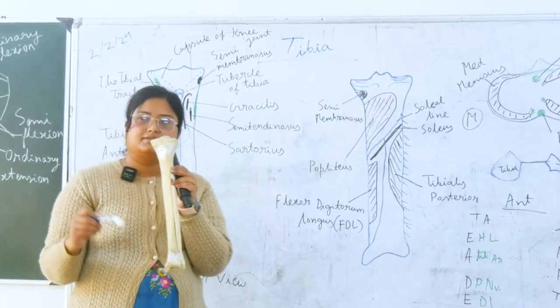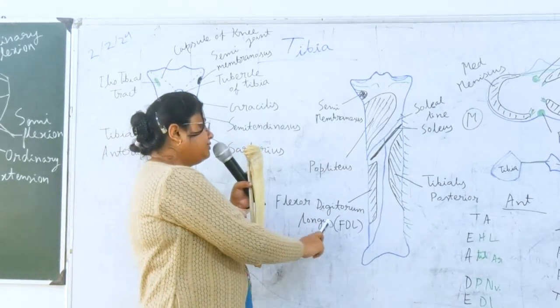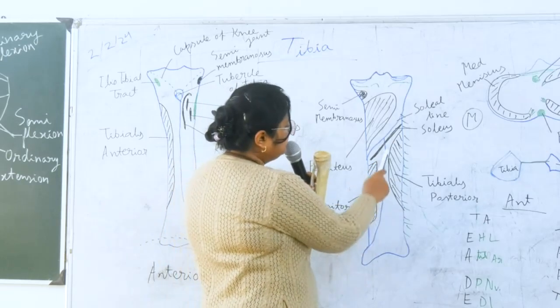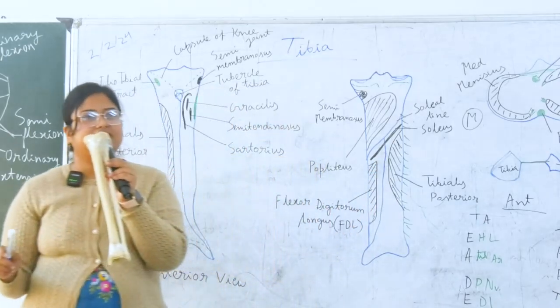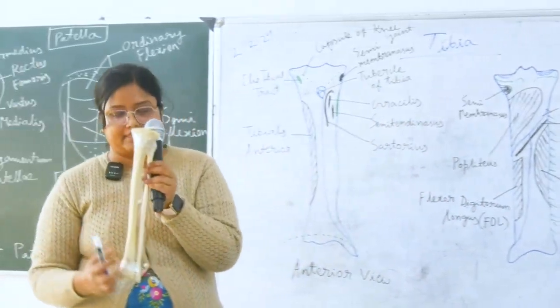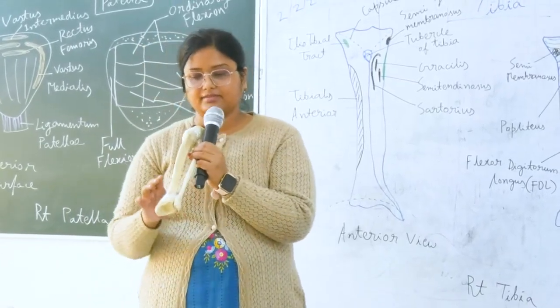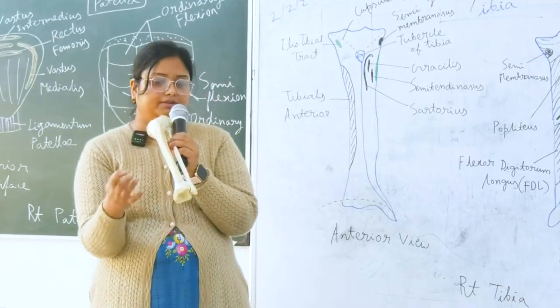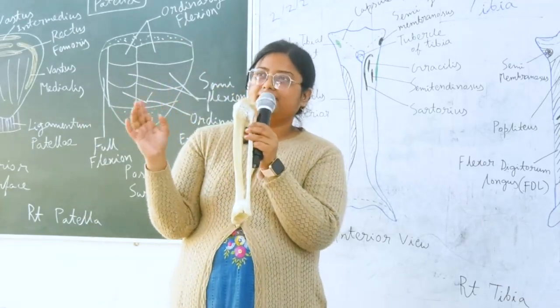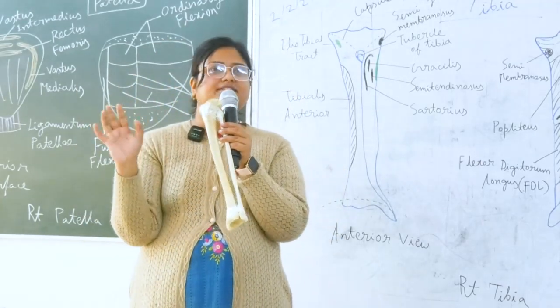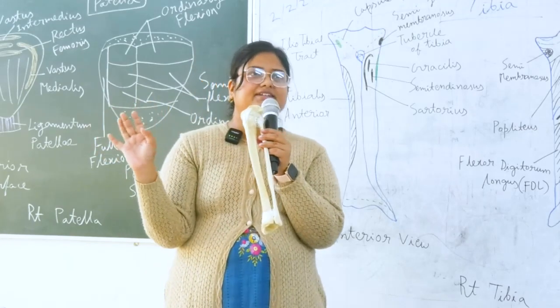Two muscles are attached. Medially flexor digitorum longus, and laterally tibialis posterior. Okay, understood? Now you can see the shaft is covered, its 3 borders and 3 surfaces and their attachments.